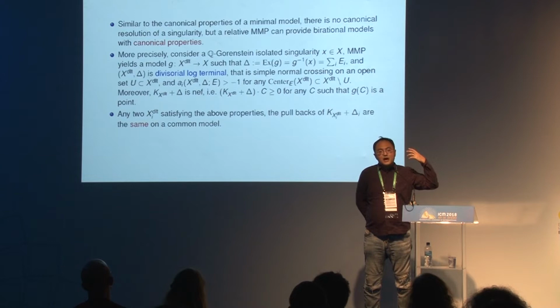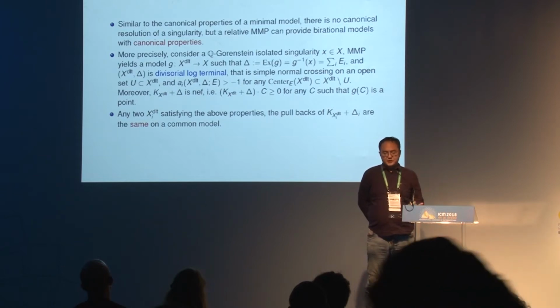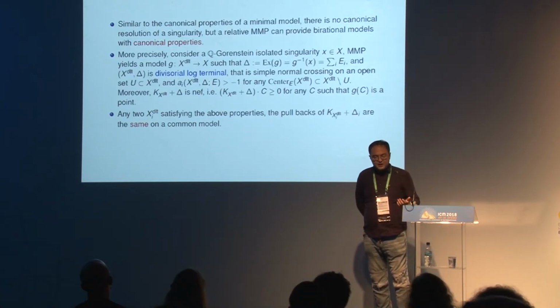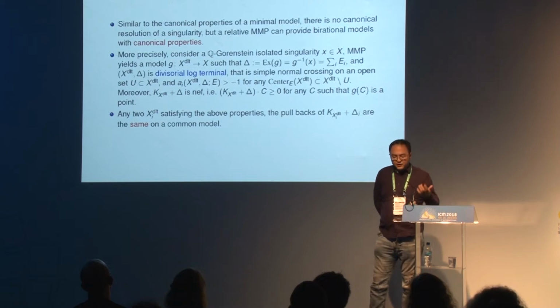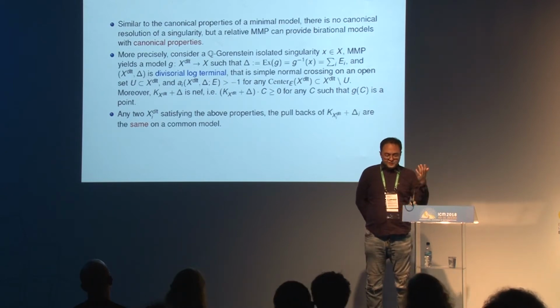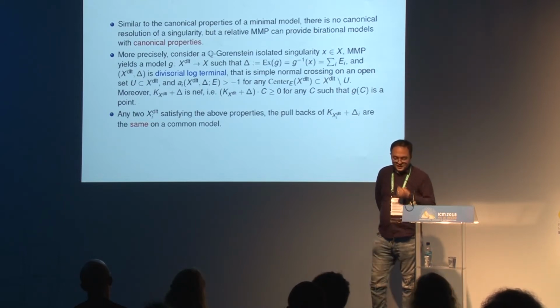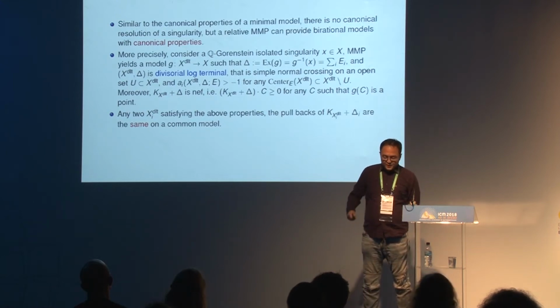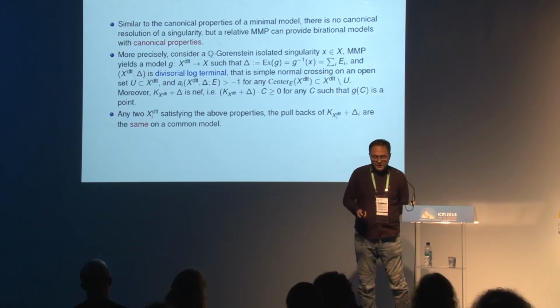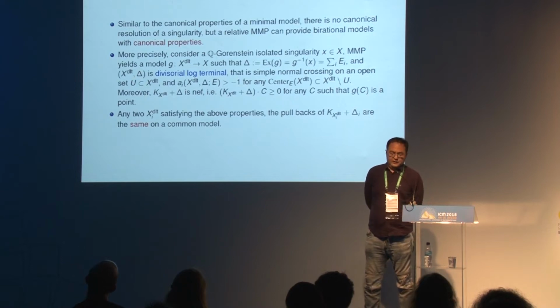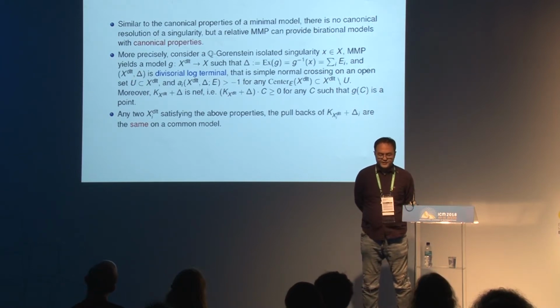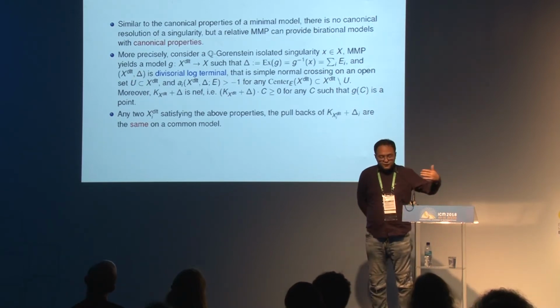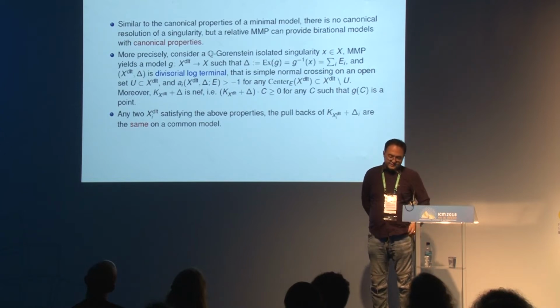Then usually I don't end up with a resolution, but I end up with some model that has some canonical properties. So now instead of resolutions, I just want to look at these kinds of models. That's what we call a DLT modification. So the technical definition is: if I have a Kollár isolated singularity, I can take the resolution and run this relative MMP.